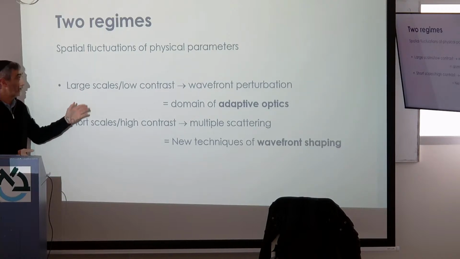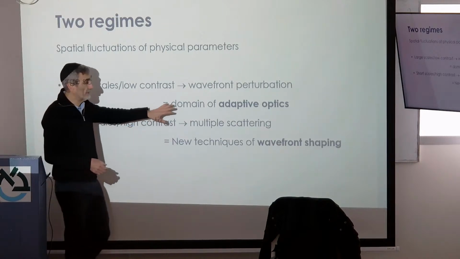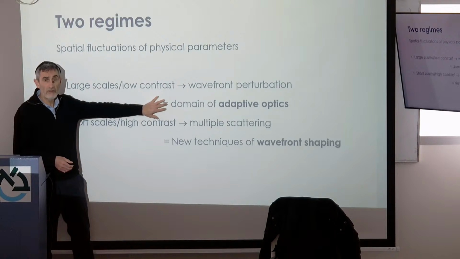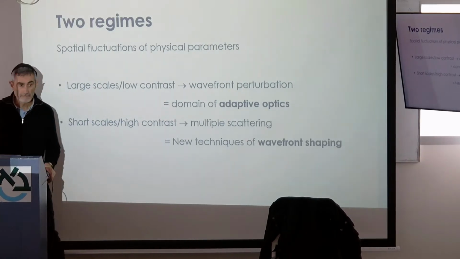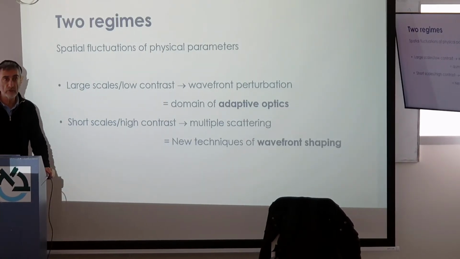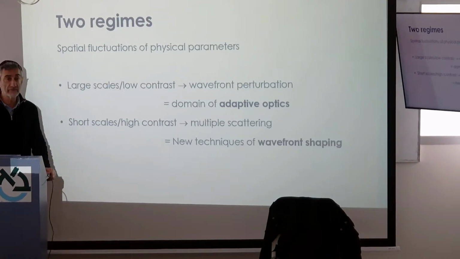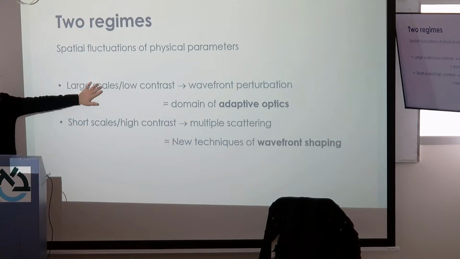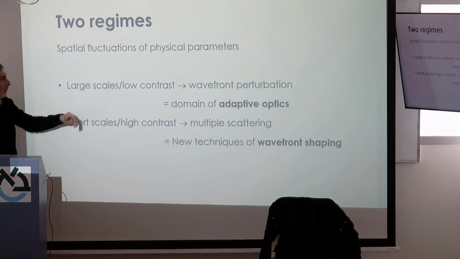But you can use other techniques called adaptive optics, which is very, very efficient. You can achieve very nice resolution, very close to what you can achieve in space. So that's the case of weak scattering, large scales, low contrast.